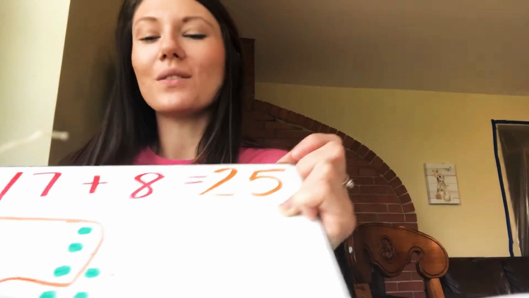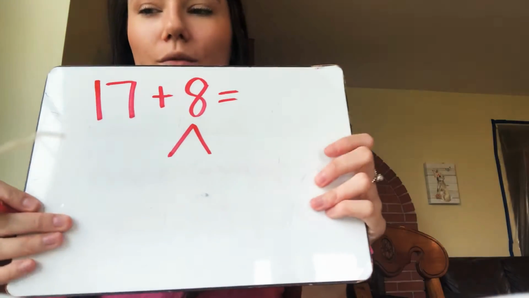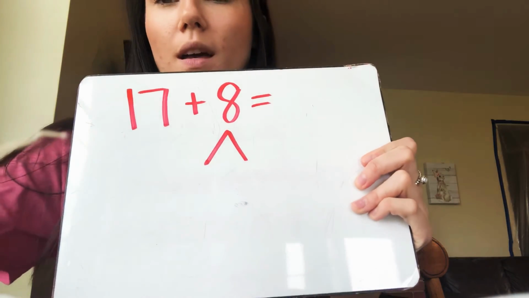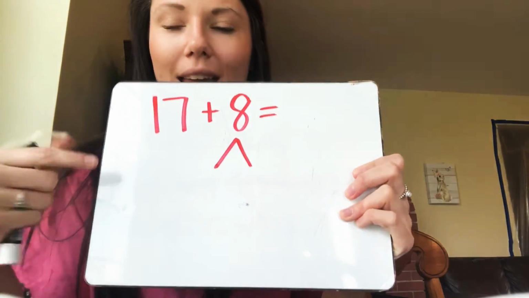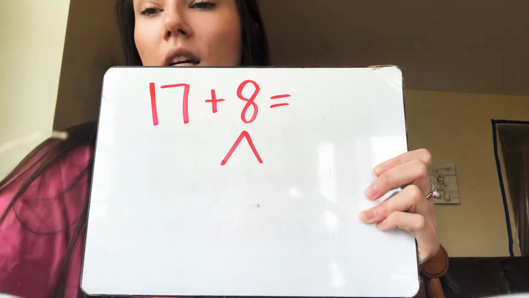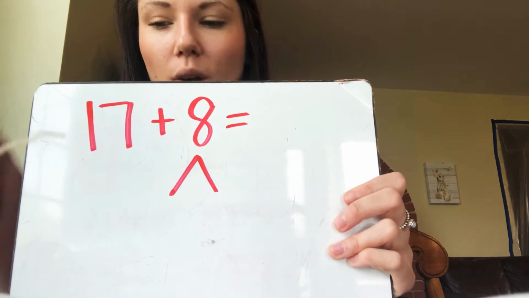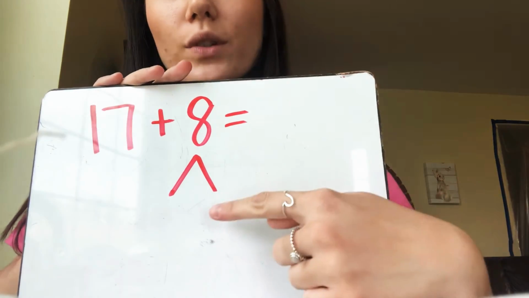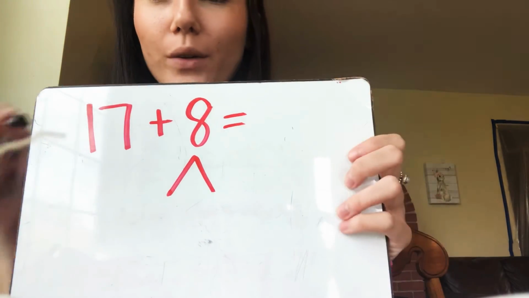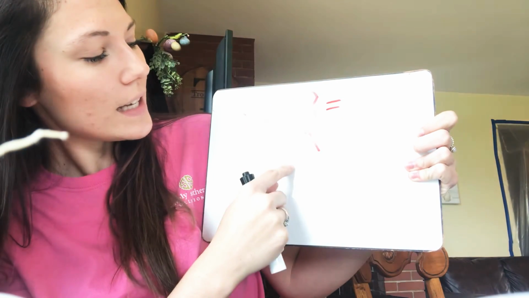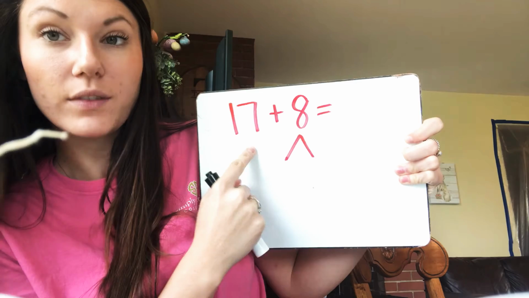All right, so now let's try another way. And some of you are going to realize that we've used this process this way in the classroom. So you might notice that I didn't draw my tens and ones, and that's because I drew this little arrow-looking symbol to indicate that I'm going to break apart my 8 to make 17 a friendly number.